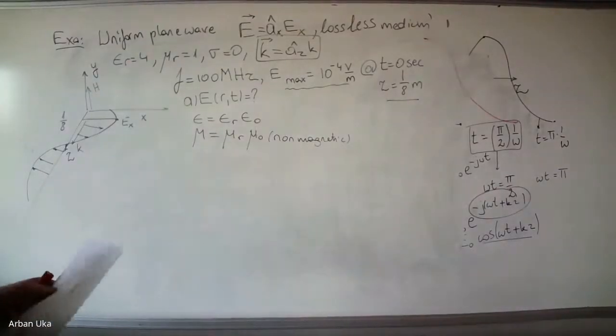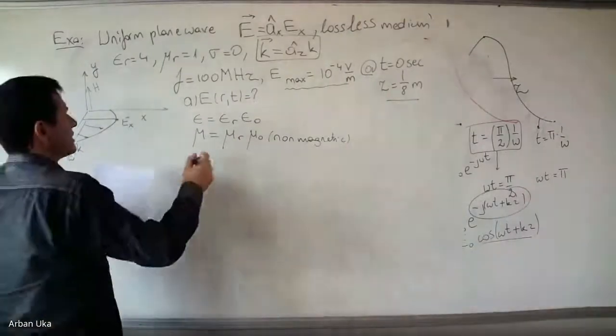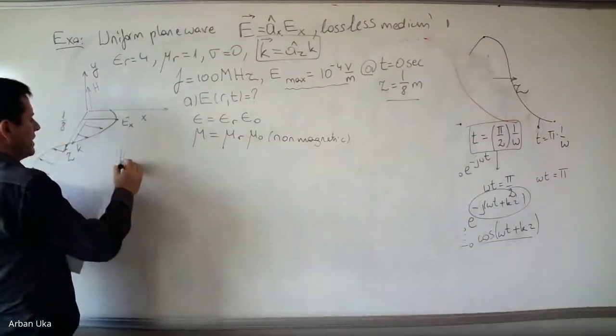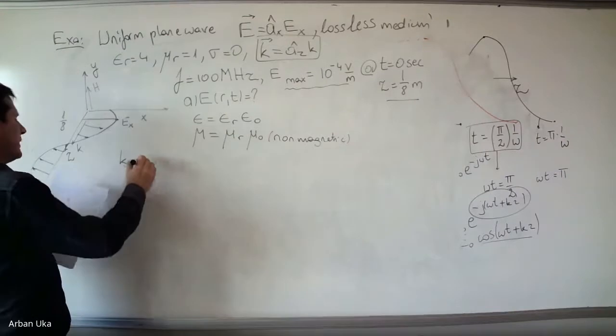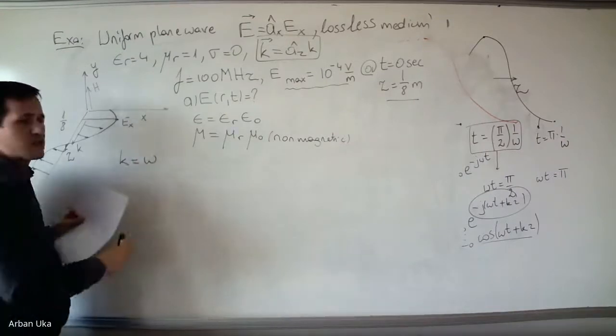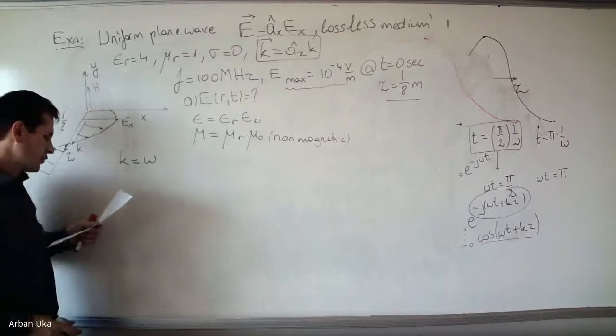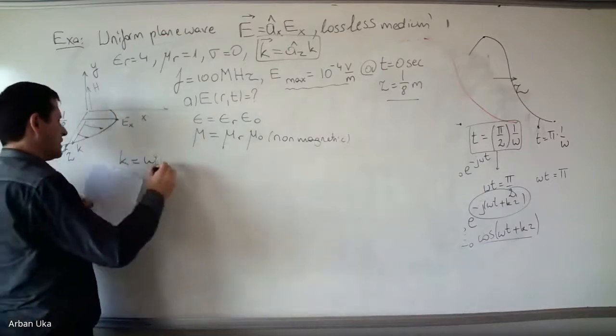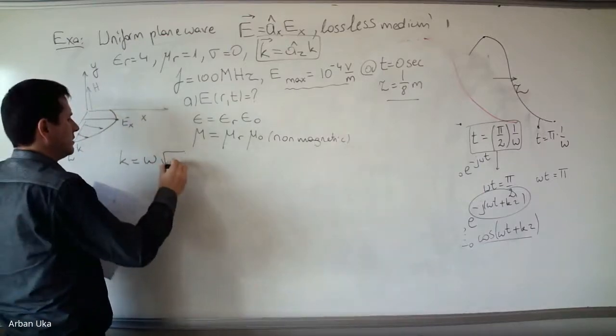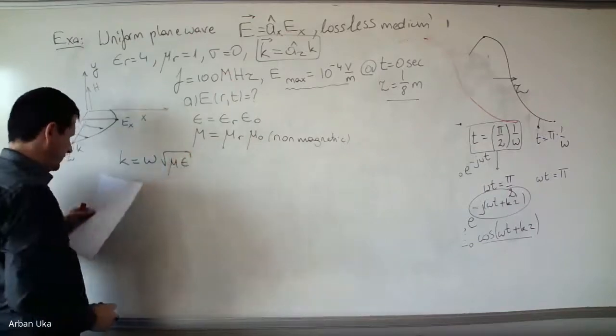So let's continue. Let's say that k, the propagation constant, is equal to, this is an essential identity, k is equal to the angular frequency times the square root of mu times the permittivity.